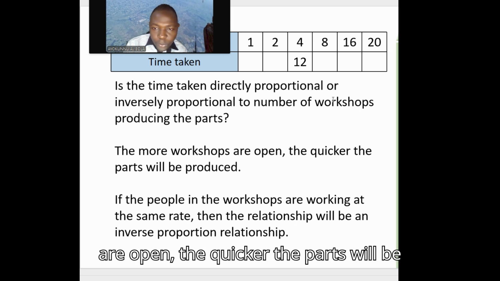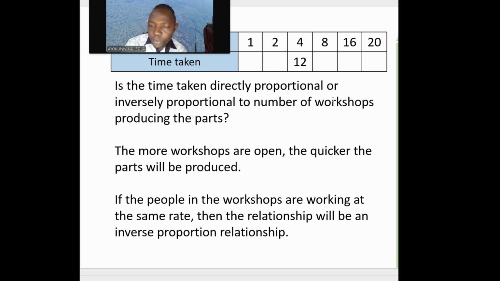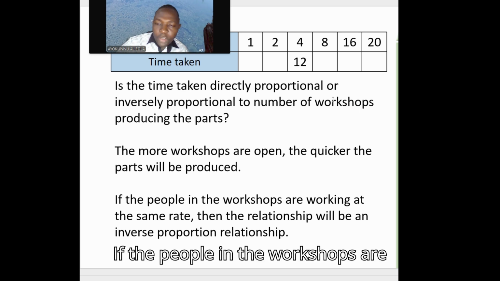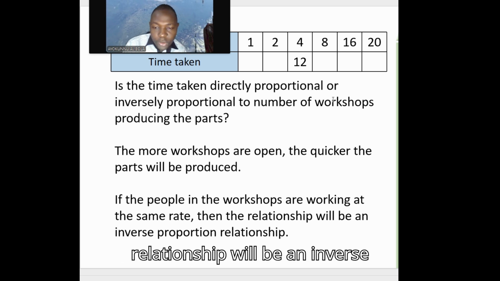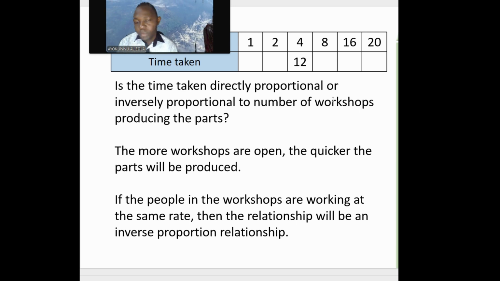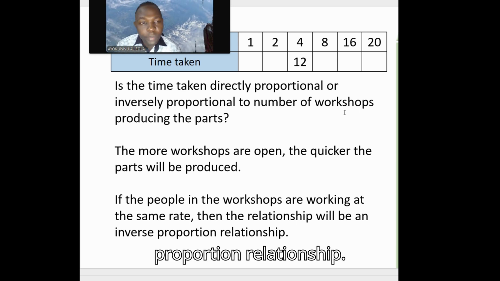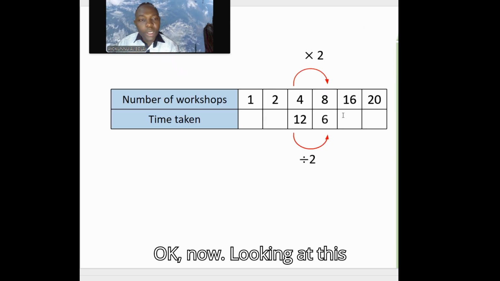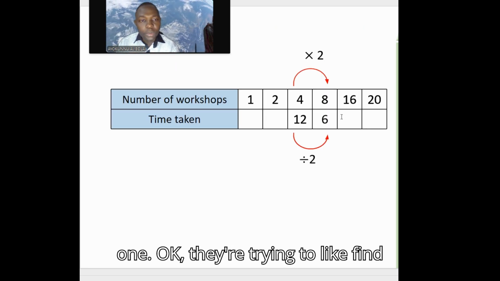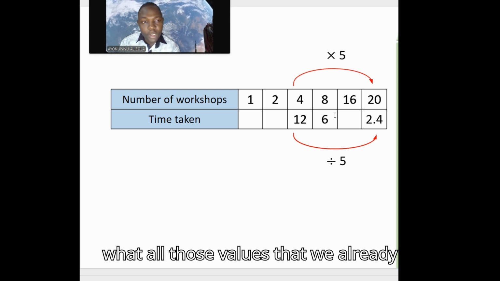The more workshops are open, the quicker the parts will be produced. That's true. If the people in the workshops are working at the same rate, then the relationship will be an inverse proportion relationship.